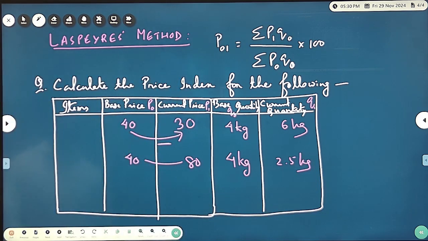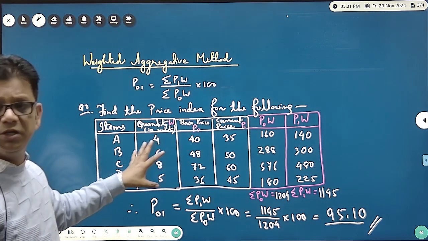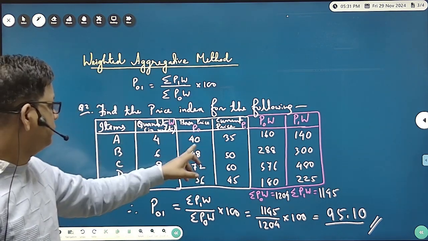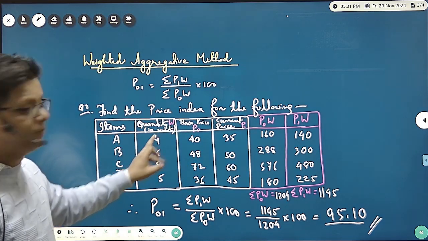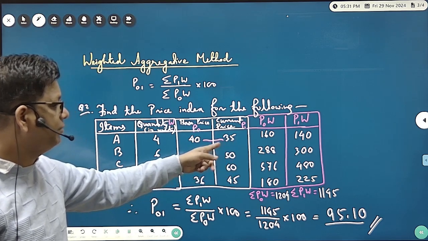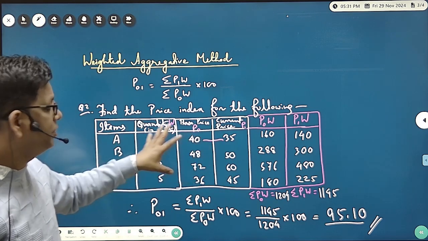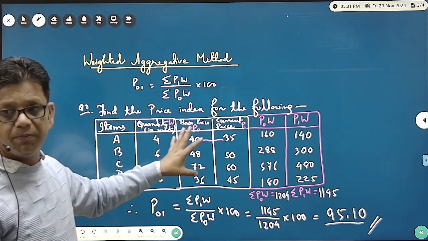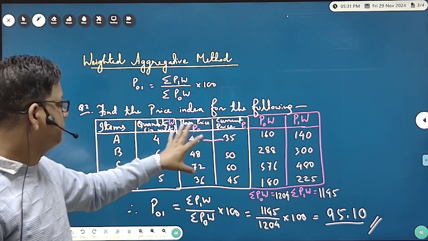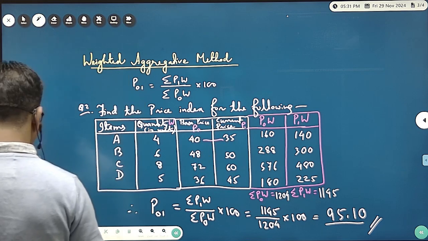But in the earlier method, you see here, irrespective of base price and current price, the quantity remains the same. When it was 40 rupees, 4 quantities were bought. Even when it decreased to 35, by 5 rupees, still 4 quantities. So the quantity does not depend on price, whether base or current. In that case, we go by the weighted aggregative method.